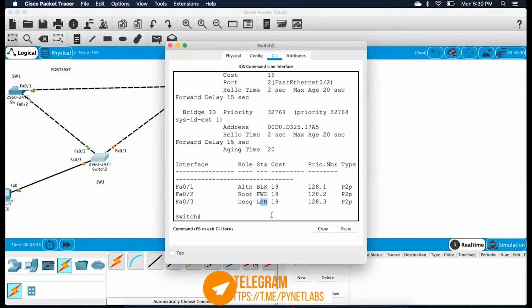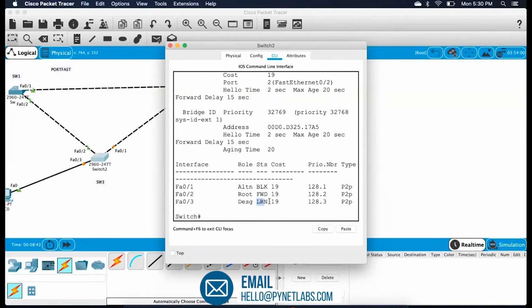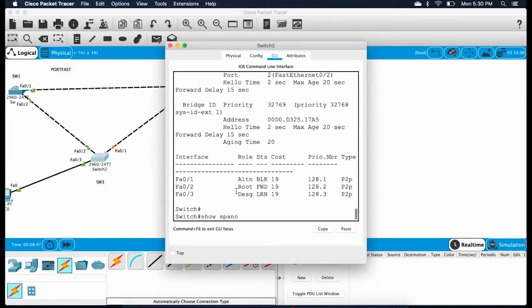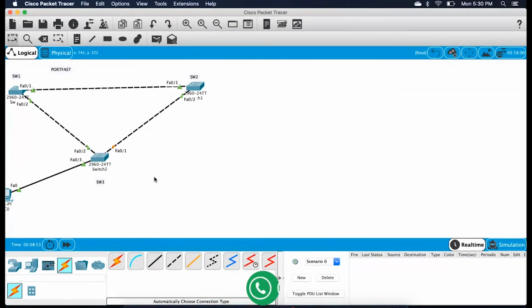And then I would again check it. Now it is in learning mode. And then after some time, it will go green, and now it is in forwarding mode. Do you understand this? So that's the time that is taken by STP for the information to come up.